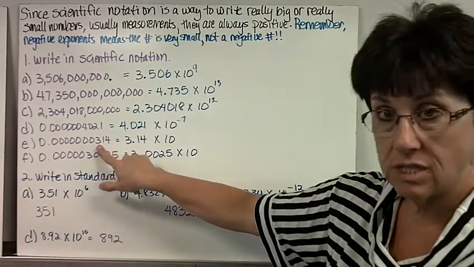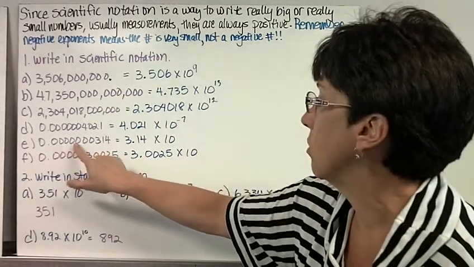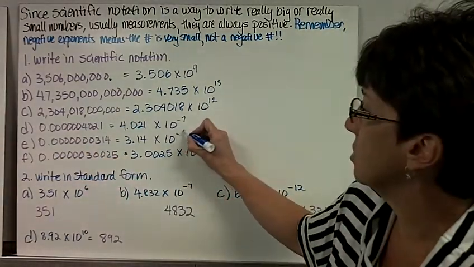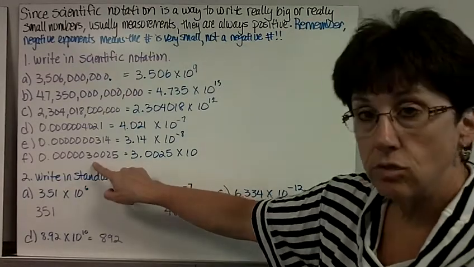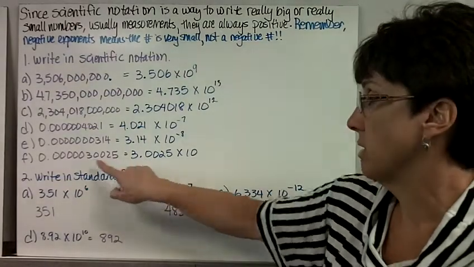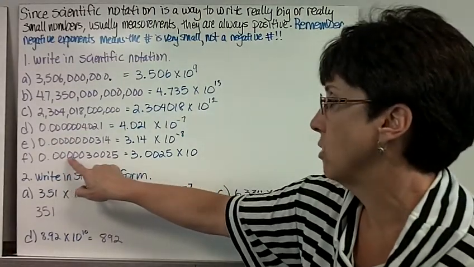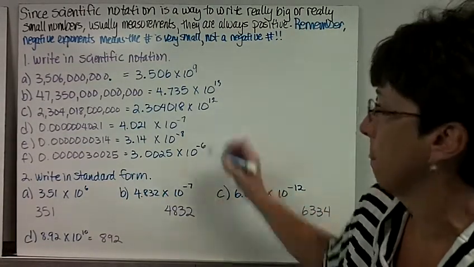We find our first digit, and then the decimal point goes after that. 1, 2, 3, 4, 5, 6, 7, 8. We moved it over 8 places, so it's the negative 8. 3.0025, because it always goes after the first digit. 1, 2, 3, 4, 5, 6 times 10 to the negative 6.